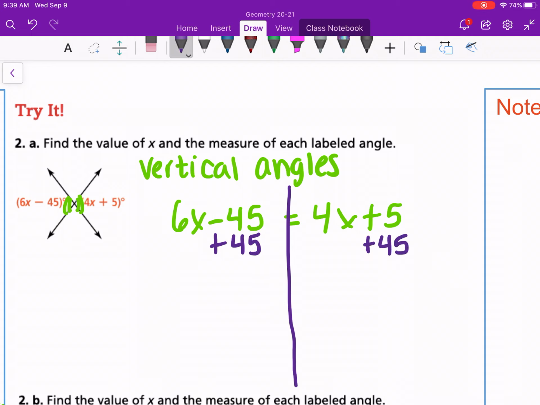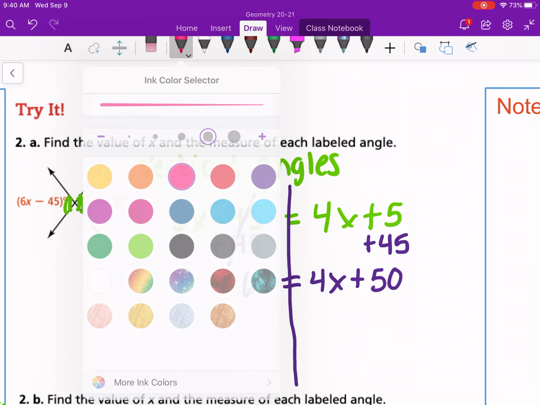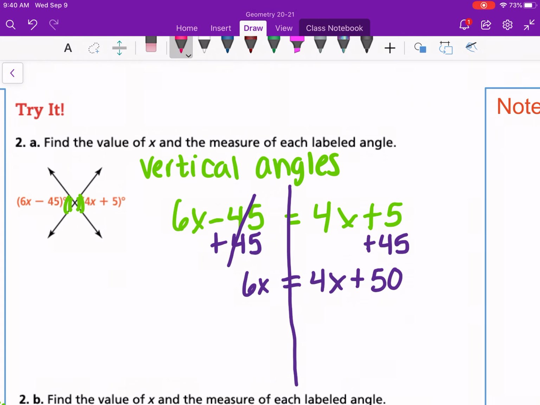You could have dealt with the x's first. I just like to deal with the plain numbers first and do the x's second. So this cancels out, and I have 6x equals 4x plus 50. Now, I want to get all of the x's on one side.